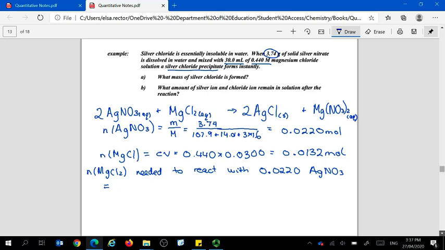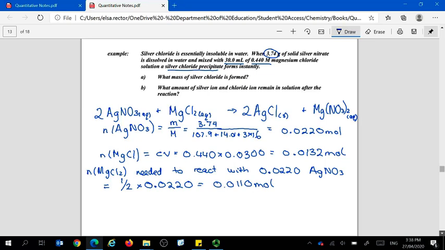Looking at the ratio, it's going to be half of 0.0220, which of course is 0.0110 moles. So we would need that much magnesium chloride to react.